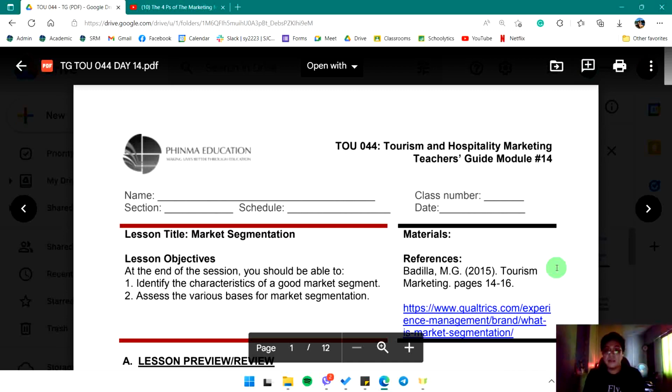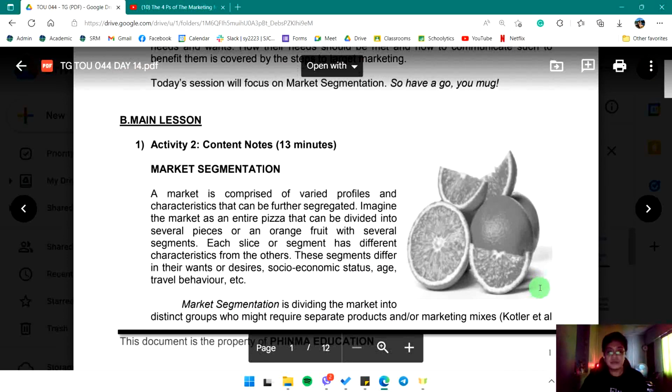And syempre, iba ang marketing strategy na igugugol mo doon sa ating mga baby boomer generation compared sa Gen Z or yung Generation Z natin na mga tao, which is yung mga techie na tao na, di ba? Iba ang marketing strategy na ibibigay mo doon sa Gen Z compared doon sa baby boomer generation. So, dito po sa module na ito, pag-uusapan natin kung ano yung mga different categories na pwede nating i-segment ang ating market. So, proceed tayo ngayon.